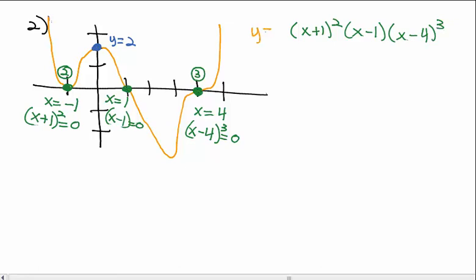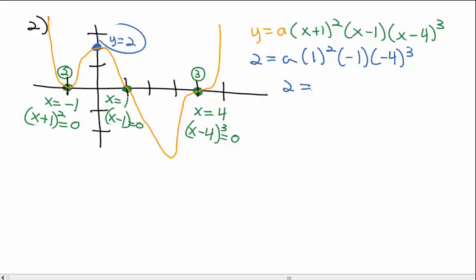And again, we'll say y equals a times all of that, because we need to figure out if there's a number in front. Usually there is, and we can calculate that from our y-intercept. Our y-intercept is 2, so we'll say 2 equals, and we'll make all the x's equal to 0. So we have a times 1 squared times negative 1 times negative 4 cubed.